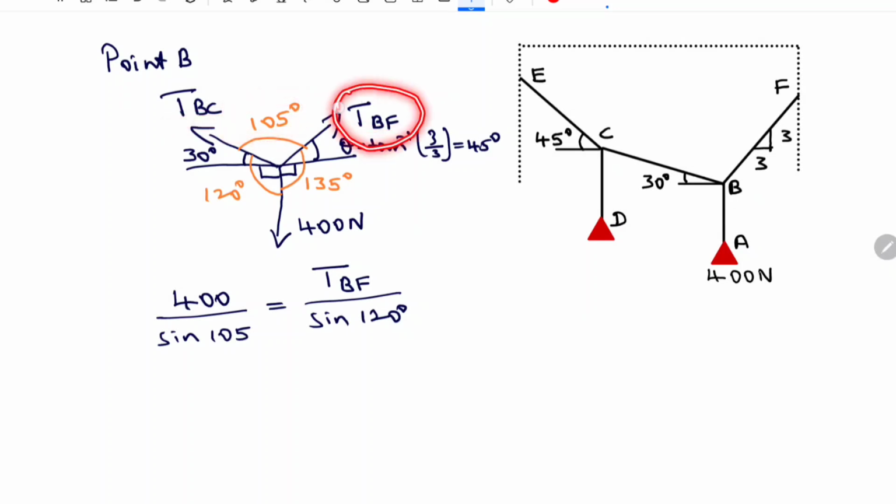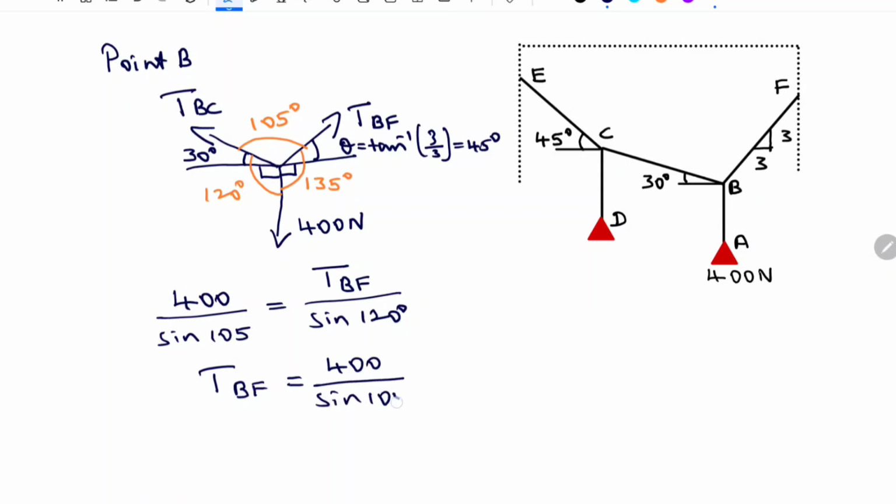When you are writing TBF, you should take the angle between the other two forces, 400 and TBC, that is 120 degree. Further I can write TBF is equal to 400 divided by sine 105 into sine 120 degree.